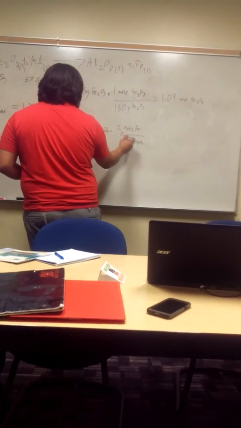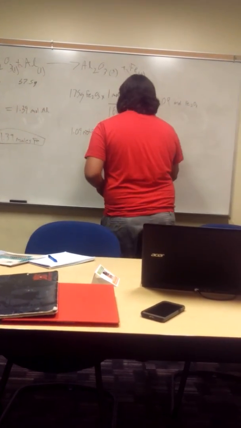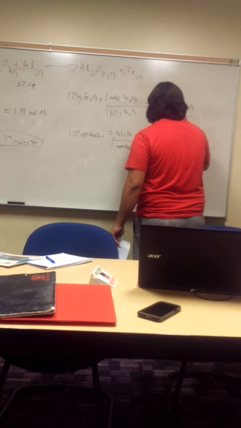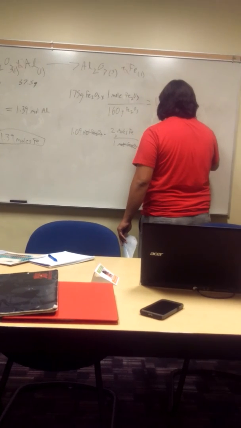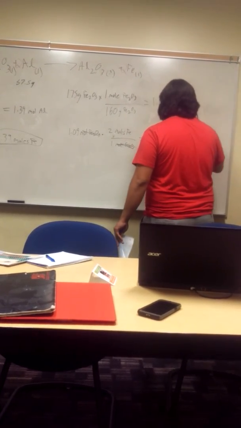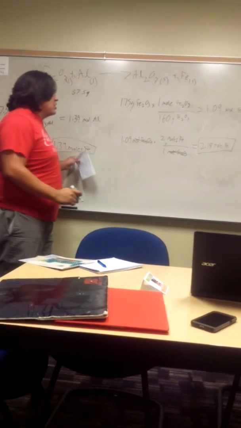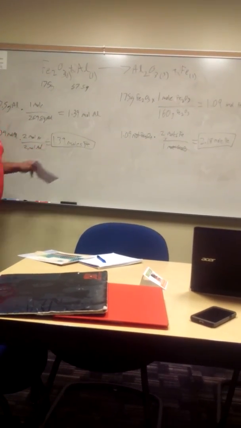Iron oxide cancels out. We then end up with 2.18 moles of iron. As you can see, this number is bigger than our moles for aluminum, and thus aluminum is our limiting reagent. That is our first part.